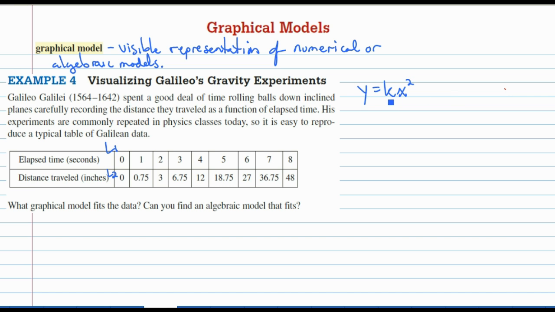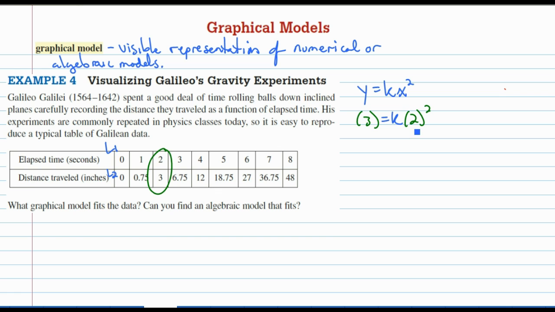So I'm going to take an x and a y that's easy to use. Now 0, 0 is not going to help me because that's going to wipe out both sides. But I'm going to take an x and a y from my data set, and I'm going to plug in. I'm going to choose this one right here. I'm going to plug in 3 for y. I'm going to find k, and I'm going to plug in 2 for x.